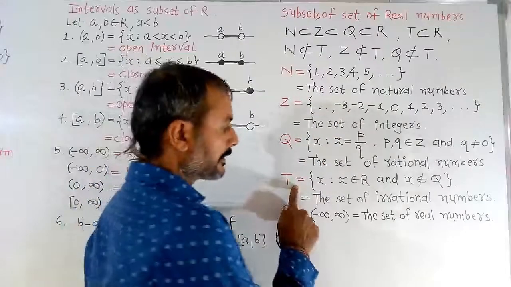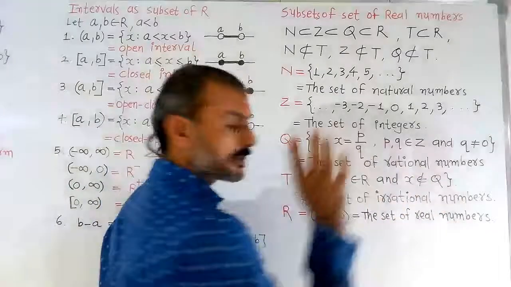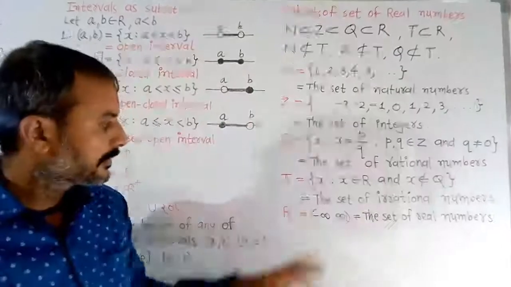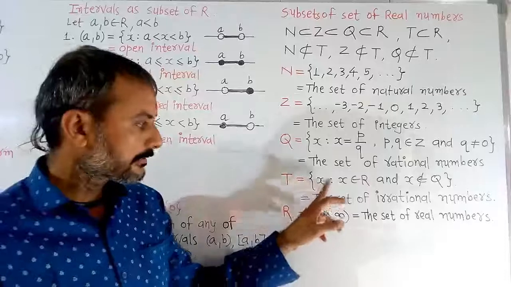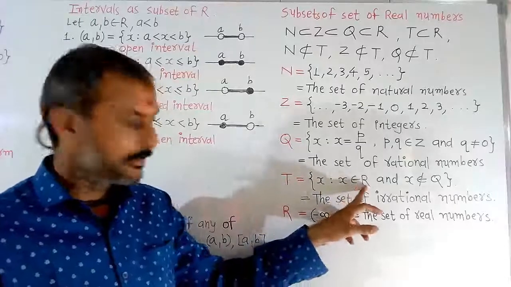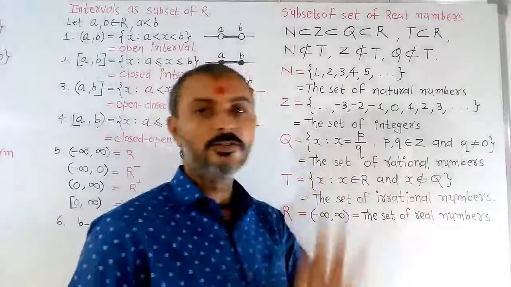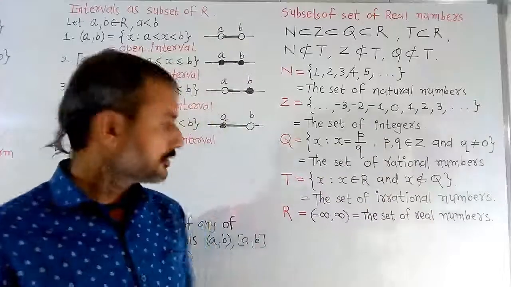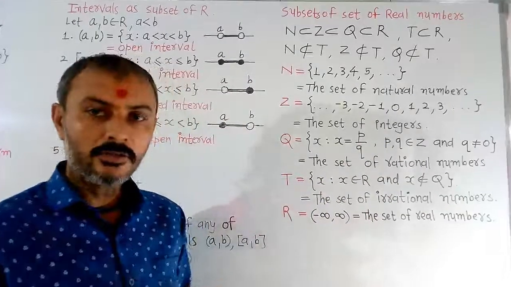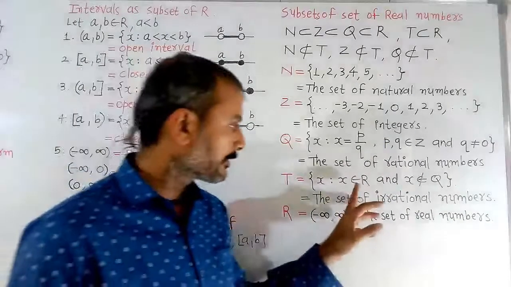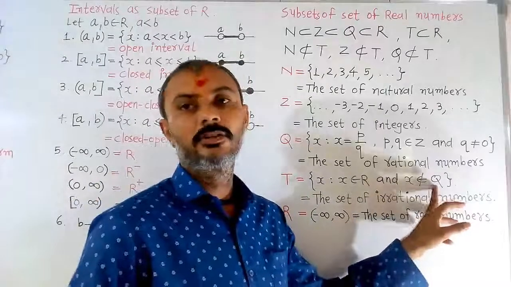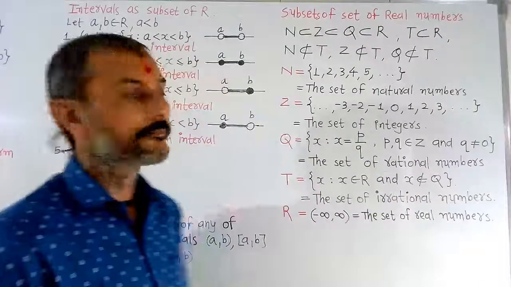Okay. Next the set will be T. T is the set of irrational numbers. It is the set of all x where x belongs to R but x does not belong to Q. So this set contains all those numbers which belong to R but do not belong to Q. Is that clear?